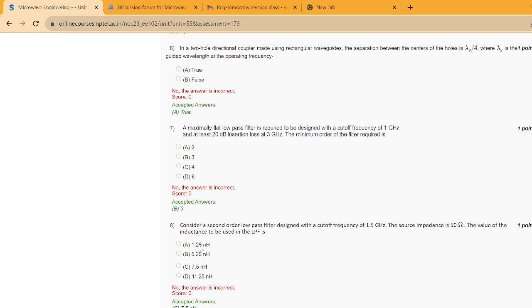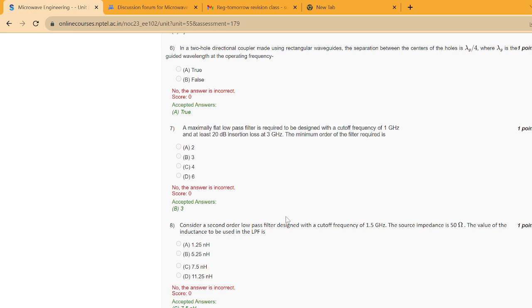Okay, madam. I'll wait for you to answer. Madam, the formula is the same formula. So I just wanted you to practice for n equal to 3 and assume the cutoff frequency as 2 gigahertz.